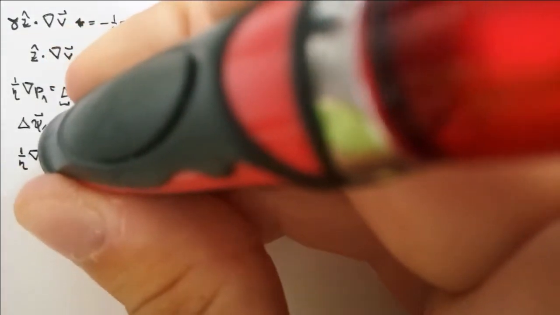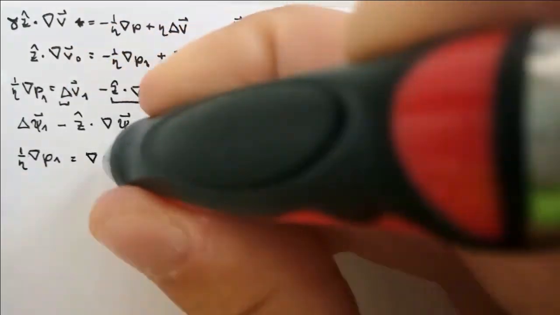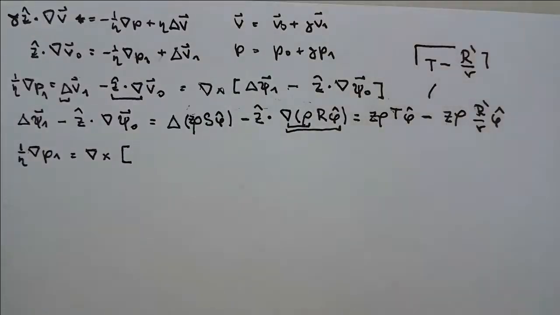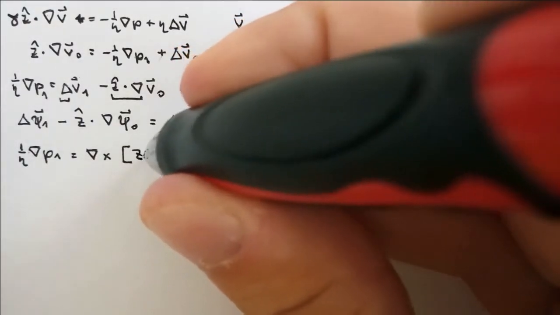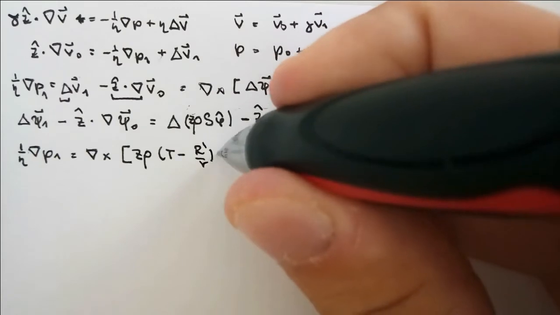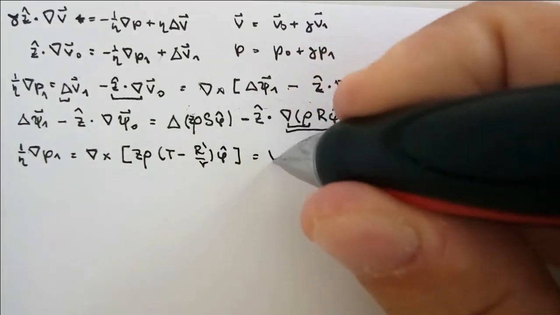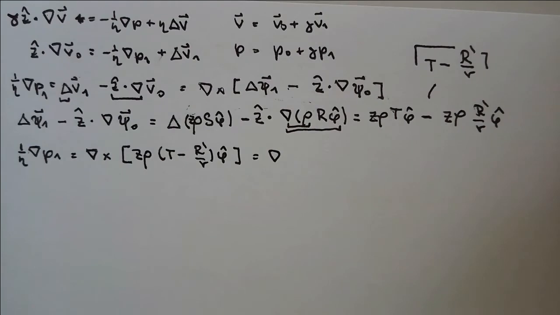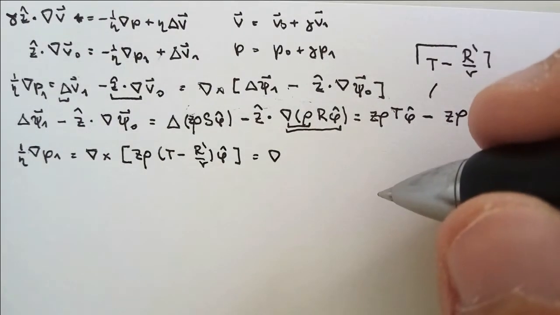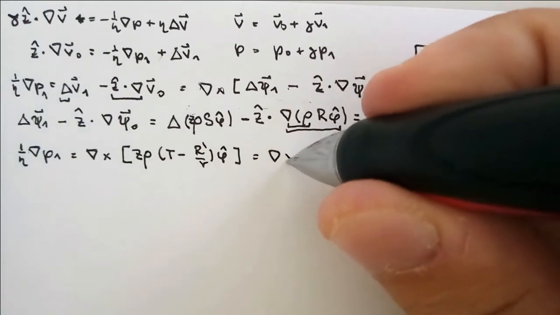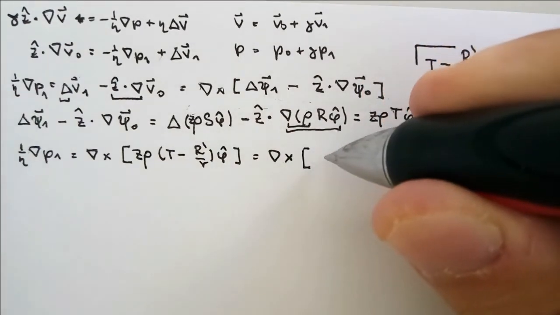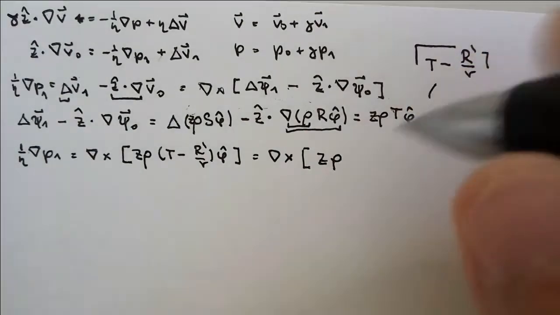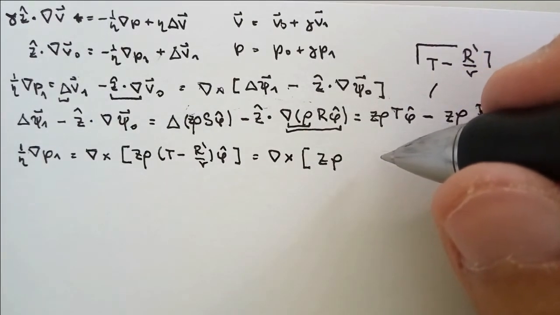So 1 over eta gradient of p1 is the curl of z rho t minus r prime over r phi, and this is going to be the curl of, and this is so easy, it's z rho, and if we substitute in, you will get exactly this.